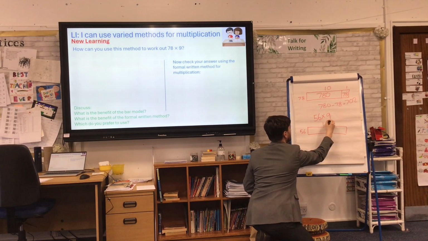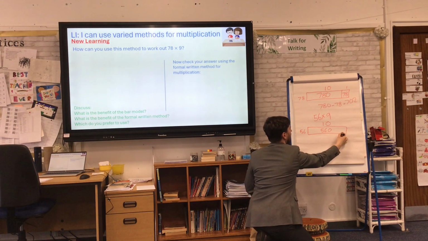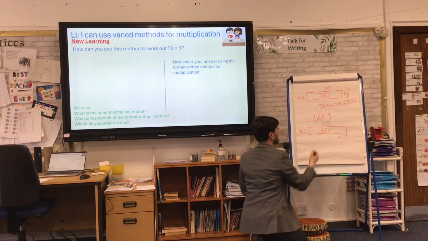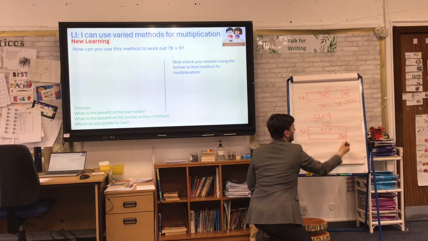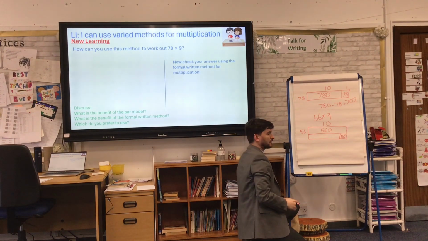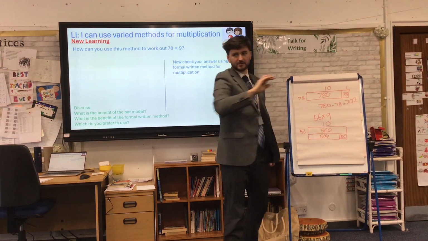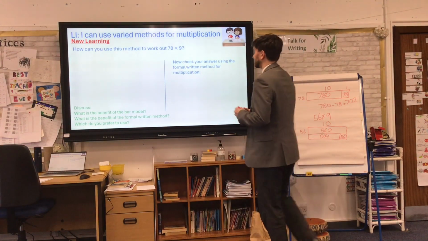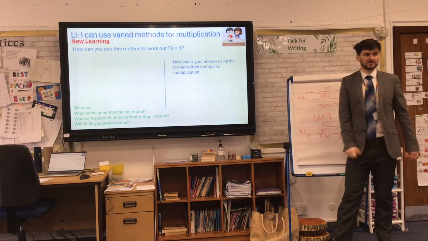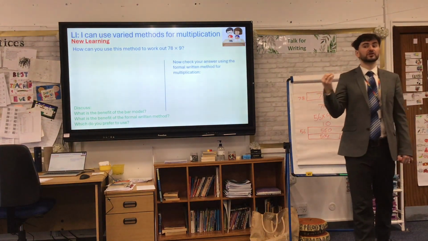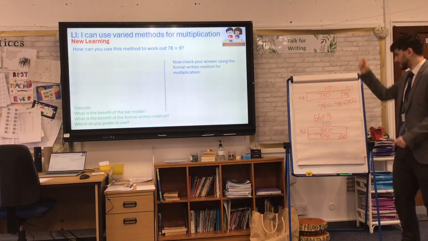So 56 times 10, yeah, absolutely is 560. And then I want to take off 56. And what would that give me? 504. Excellent work. I can see some of us on this table, especially, and over here, we had that answer as we were going round as well. When we get to our worksheet in a second, you could then check your answer using the formal written method.